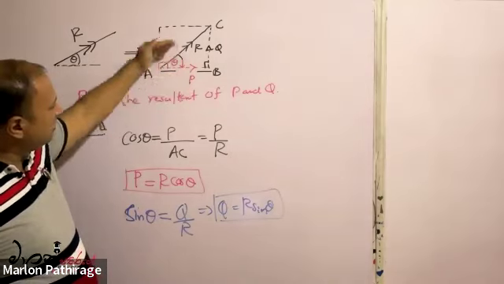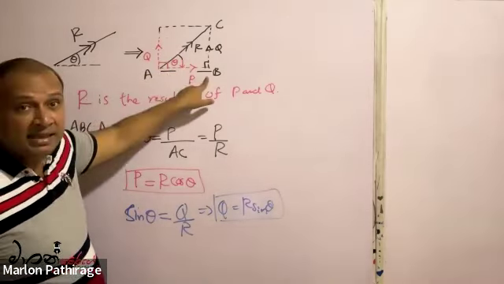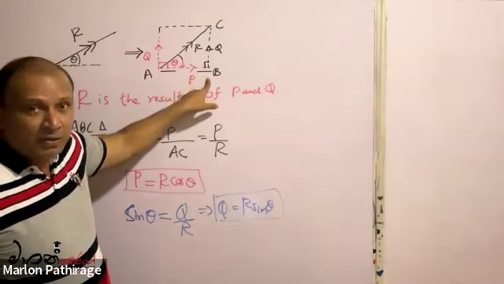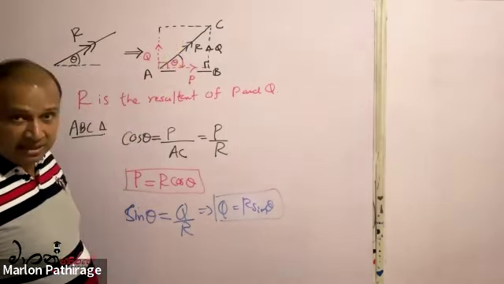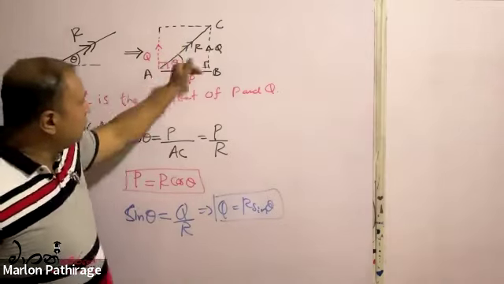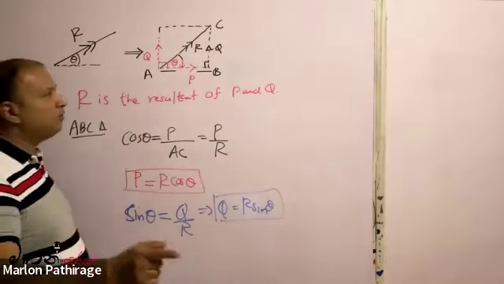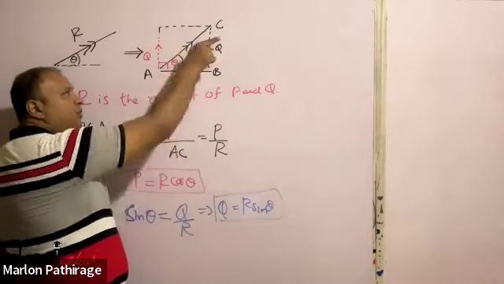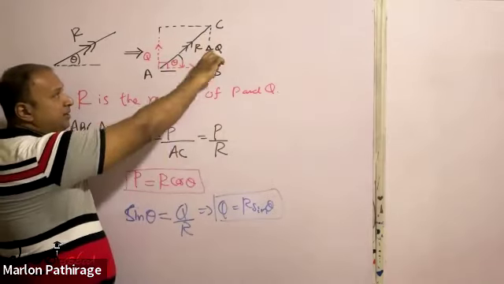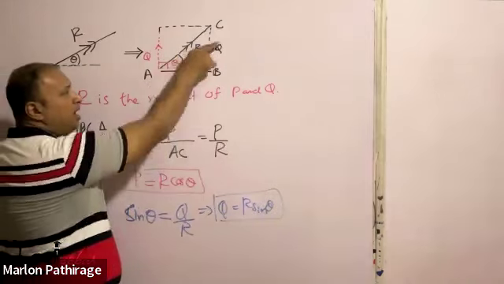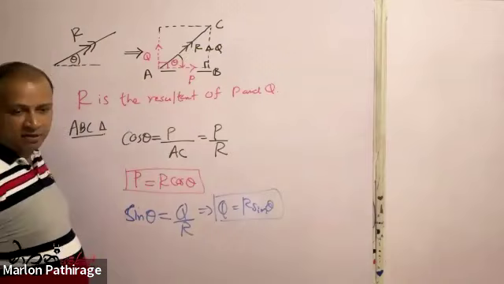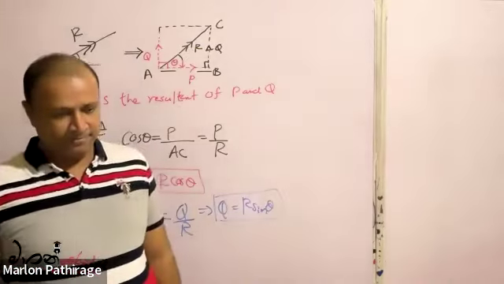As this is the adjacent side, it is equal to R cos theta. If you want to find the opposite side and you know R and theta, then it is equal to R sin theta.